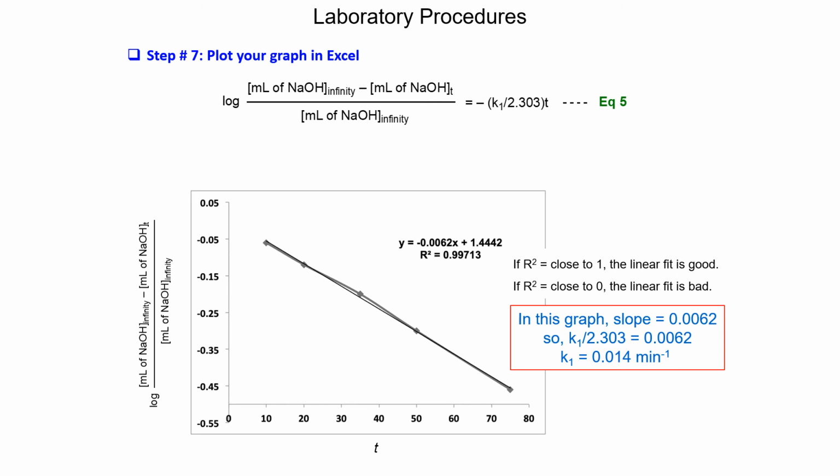Excel itself calculates the R square for you, and R squares near 1 are good linear fits, whereas R squares far less than 1 are bad linear fits.